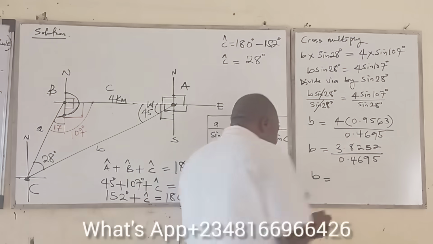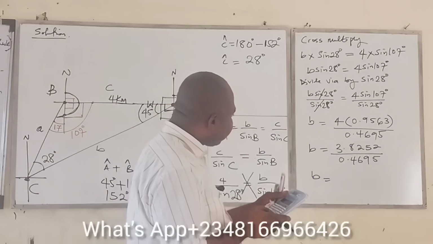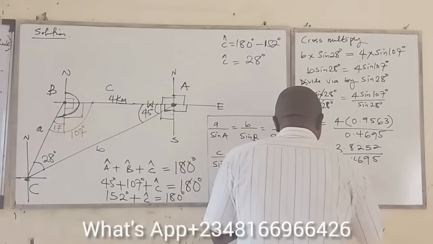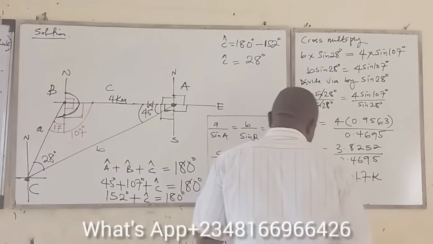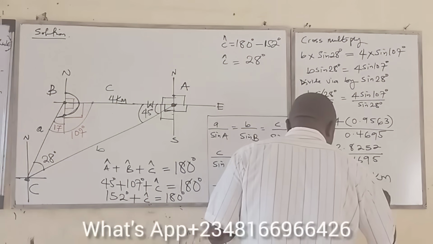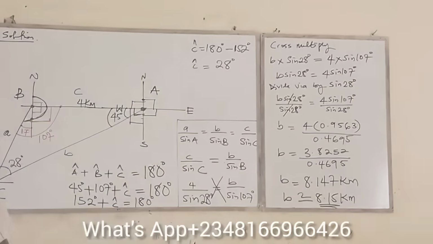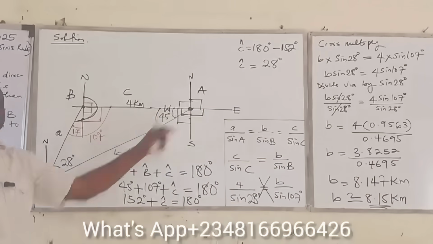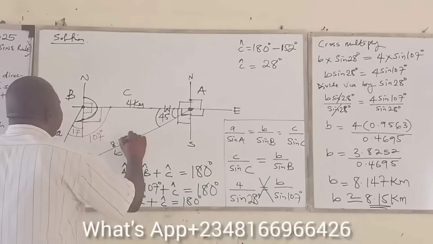So the value of our small b will be 8.147 kilometers. This is the same as saying b is approximately equal to 8.15 kilometers. Now, that is the value of small b, and remember, the small b represents the distance of this man from his starting point. So the value of b here is 8.15 kilometers.